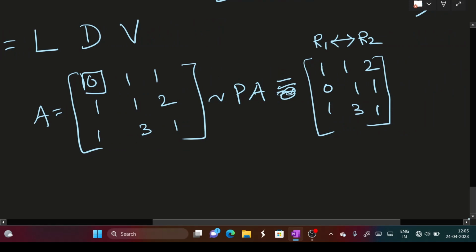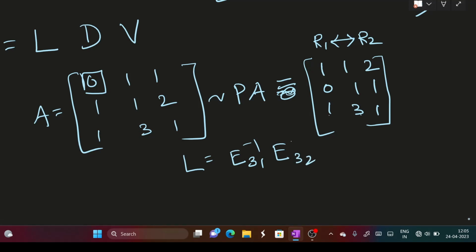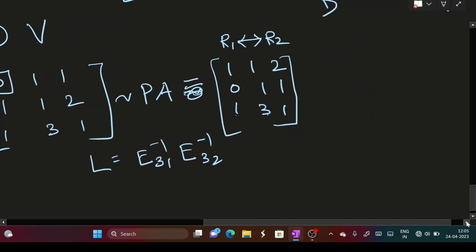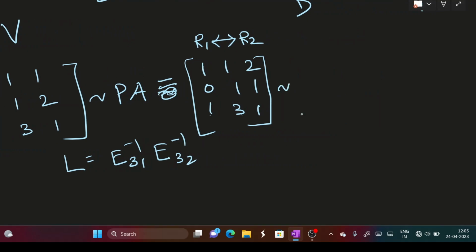Then what I will do? Now already this position is 0. So these two positions I will make 0. And I will get my L from, in this case my L will be E31 inverse, E32 inverse. And in this case, what will be my upper triangular matrix? I will find it using elementary row operations. So let us do it to have some idea.